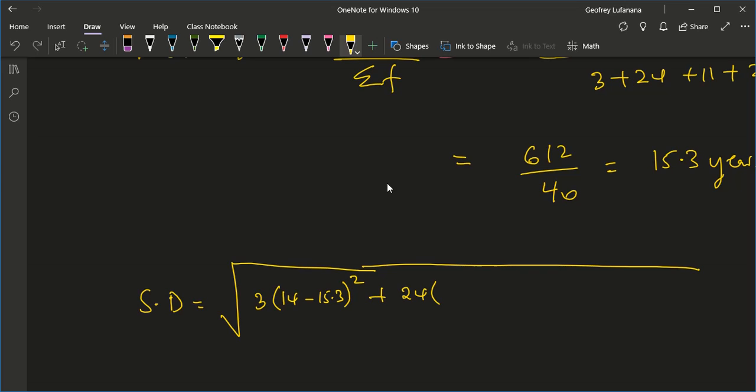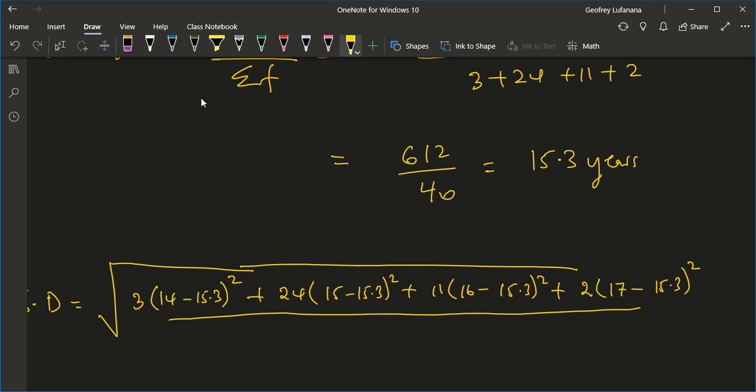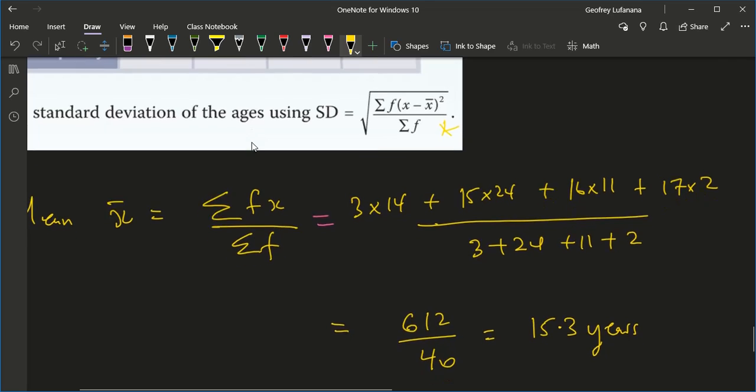So this is 24 into (15 minus 15.3) squared plus 11 into (16 minus 15.3) squared plus 2 into (17 minus 15.3) squared. Now everything over our n, or summation f.